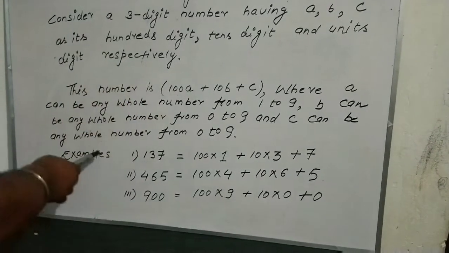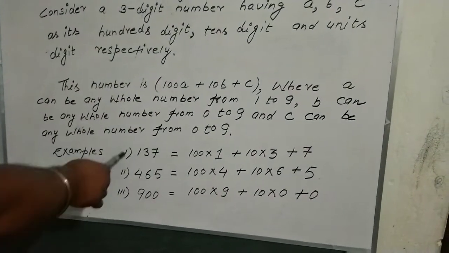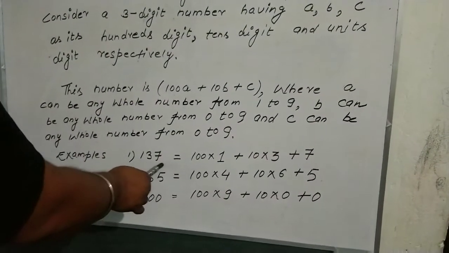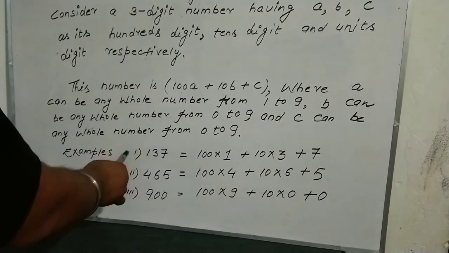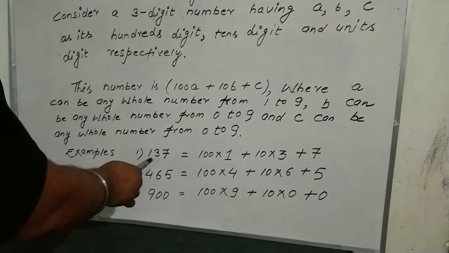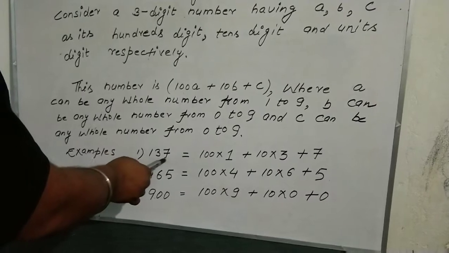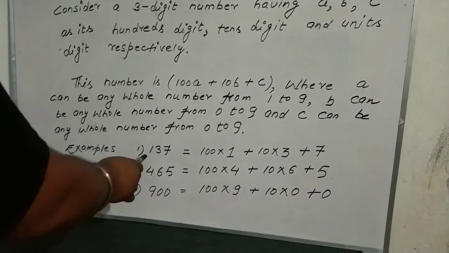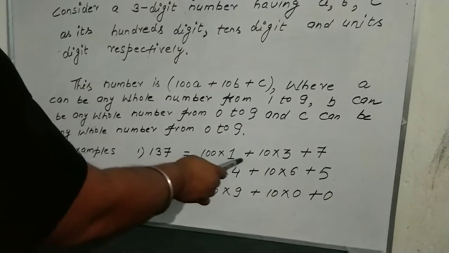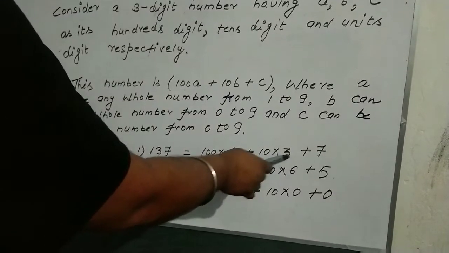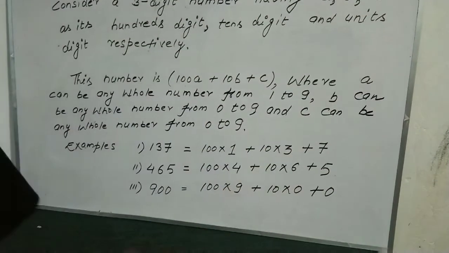To understand this, we will take a few examples. The first example is 137. So 137 is a three-digit number because there are three digits. So 137 is equal to 100 into 1 plus 10 into 3 plus 7.